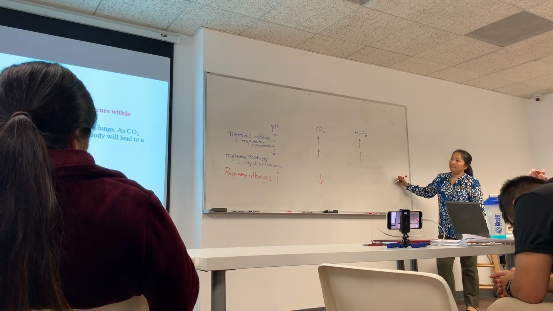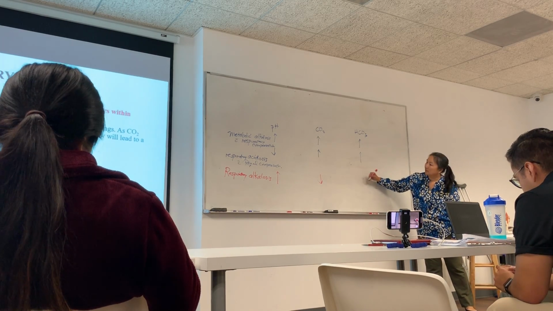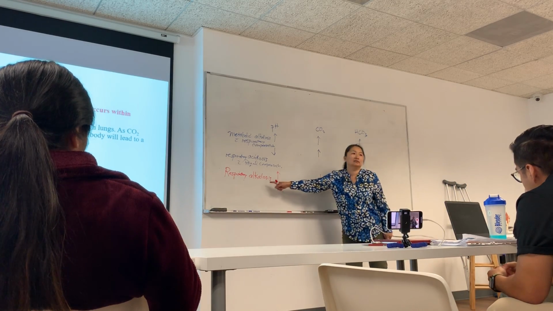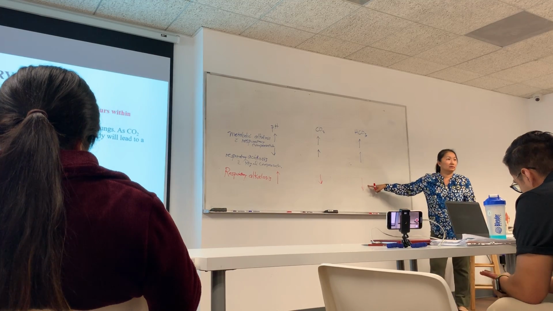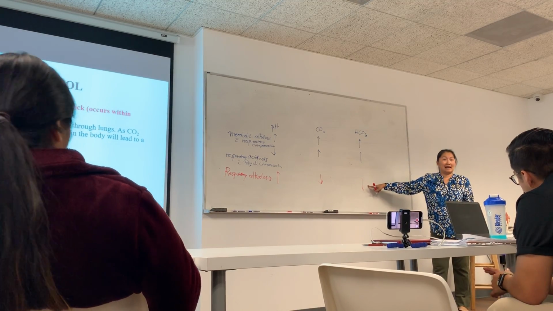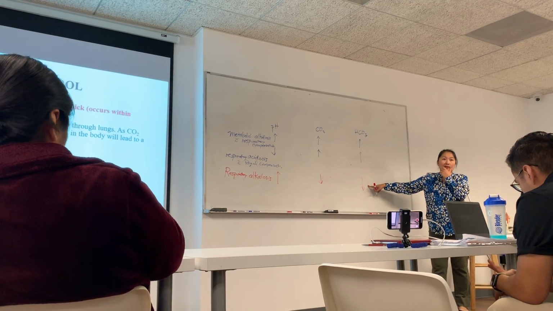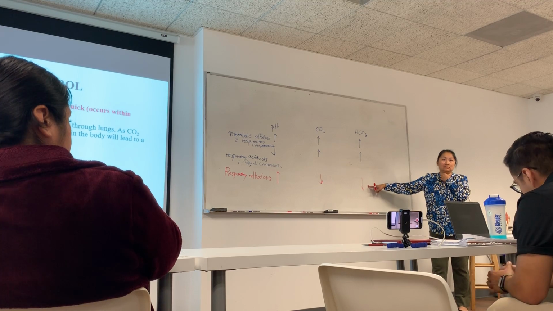Will it try to retain bicarb or not? You're alkalotic, so it's going to try to get rid of bicarb and secrete less acid. Secrete more bicarb and reabsorb more acid.